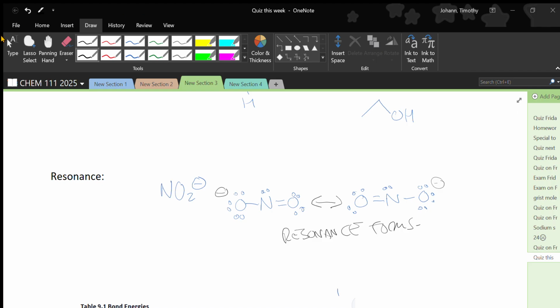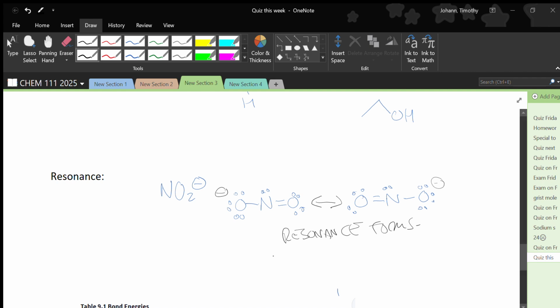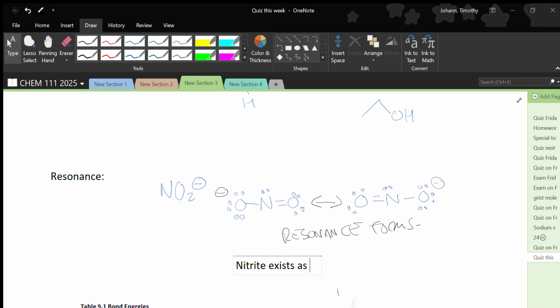All right, so if we want to think about it, nitrite exists as an average of the two Lewis dot structures drawn above.